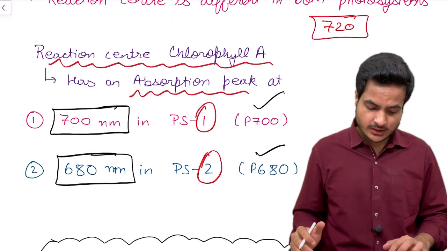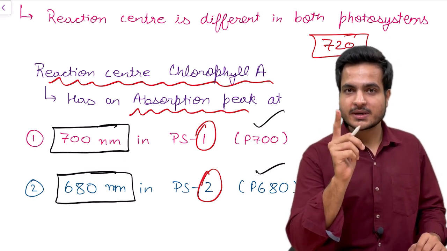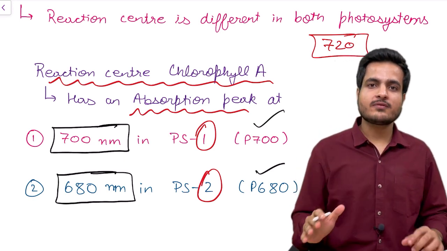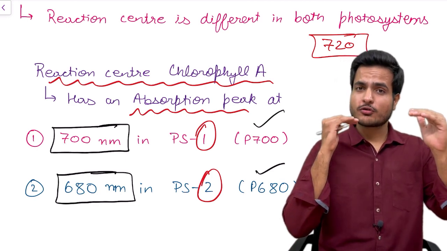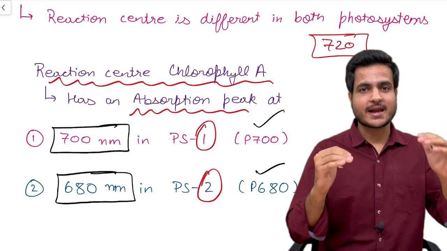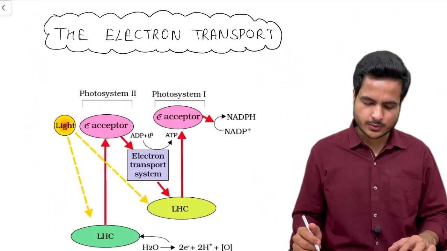That is something different. So just remember it like this: the reaction center, which is made up of chlorophyll A, of photosystem 1 will absorb maximum at 700 nanometer, and that of photosystem 2 will absorb maximum at 680 nanometer. Now let's talk about electron transport.